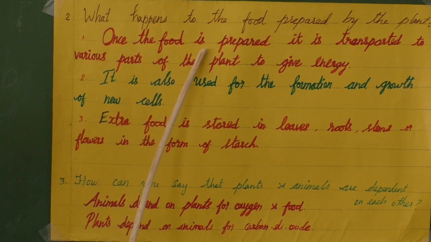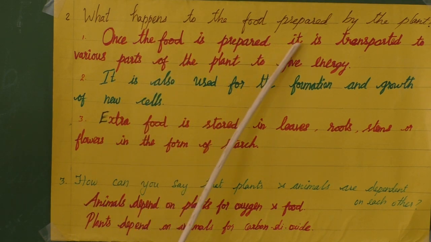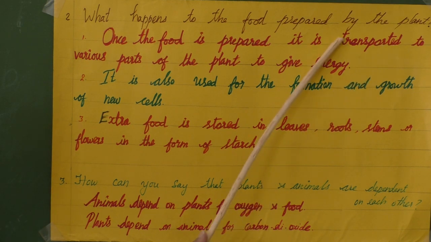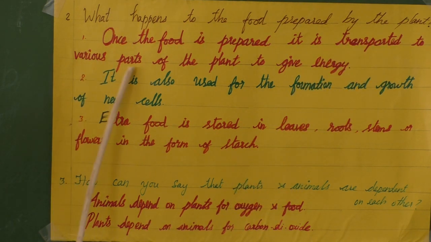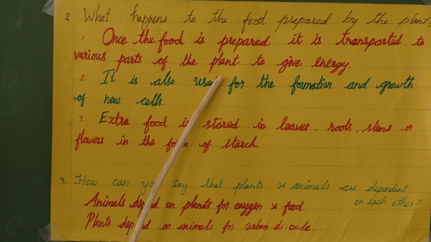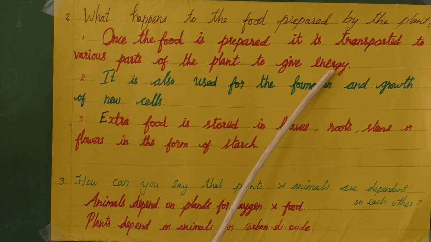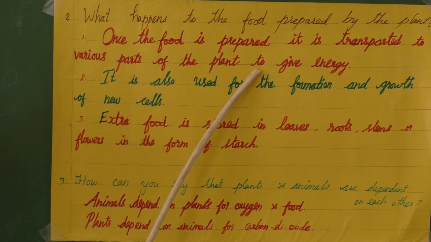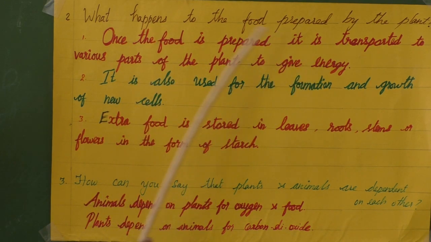Once the food is prepared, it is transported to various parts of the plant. For what purpose? To give energy.